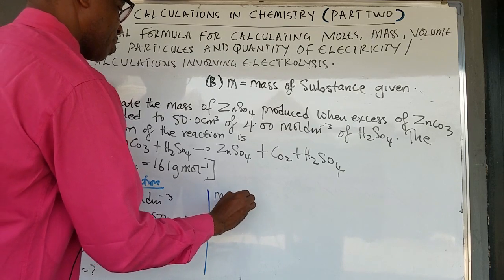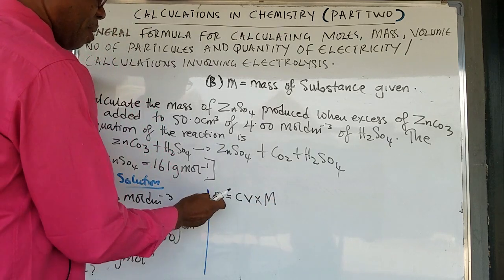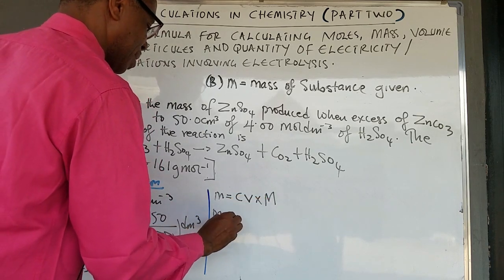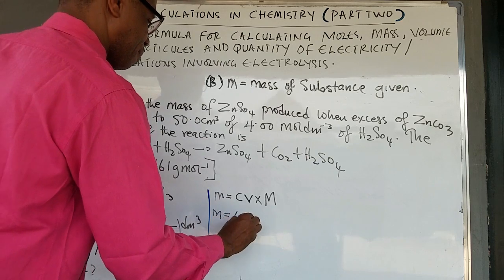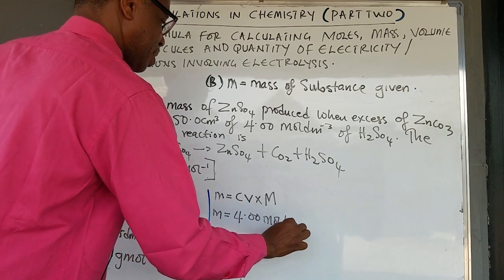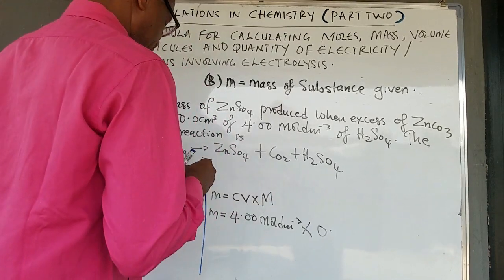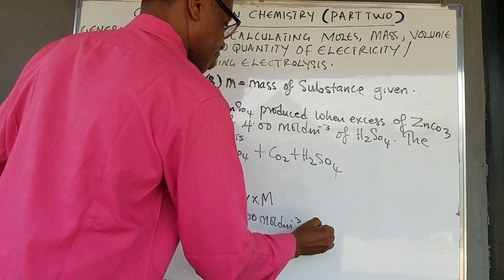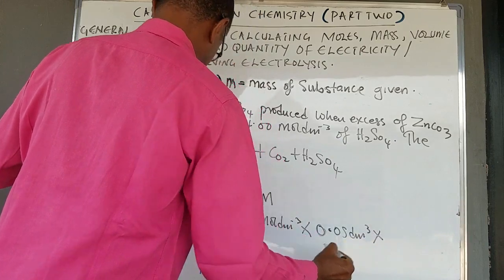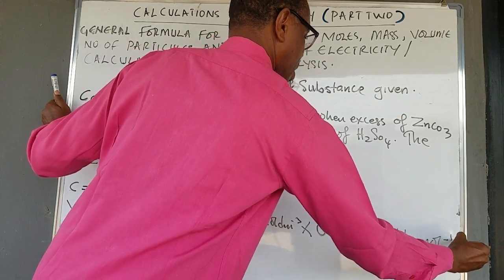Small m is equal to CV times the big M. Small n will only be CV, but if it is small m, there must be big M. So without much ado, we have m is equal to what's C? 4.00 mole per dm³ times, what's V? 0.05 dm³. What's the big M? 161 grams per mole.